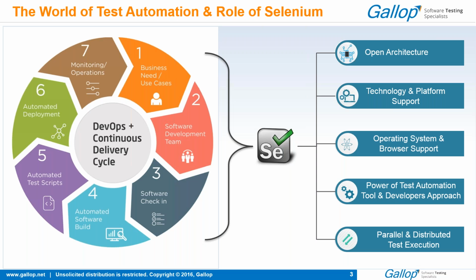So as I mentioned, we'll discuss the world of test automation and the role of Selenium. If we compare a decade ago, when the world was moving from waterfall model to agile, everyone started showing interest towards quick early feedback, especially on the application development.